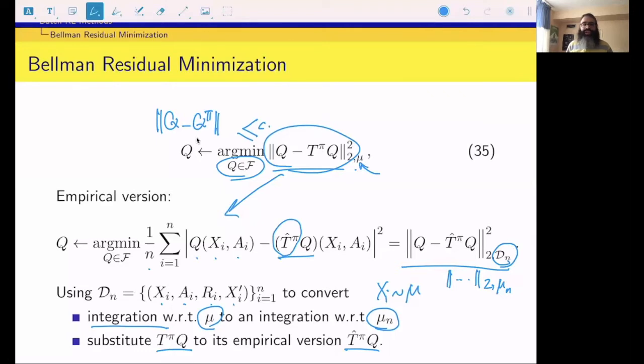It's kind of one step. You see, this is a Bellman operator, but it's the empirical Bellman operator. It should be similar to the Bellman operator, but we just replace the integration over the next step with just one single sample.